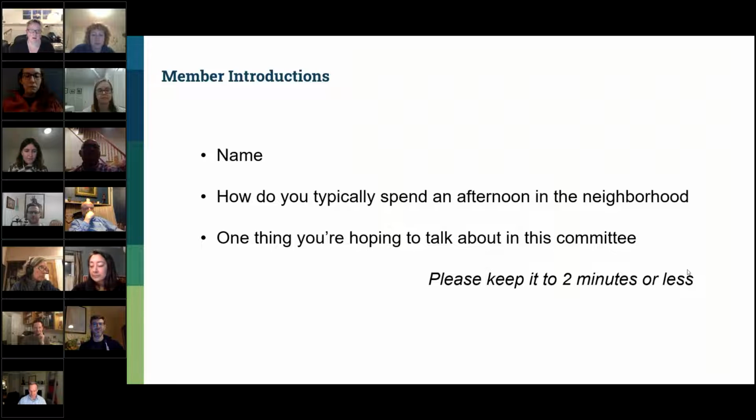My husband and I moved to Somerville about 6.5 years ago, and we have had friends in the neighborhood for decades before that. So we've been coming to Somerville on and off for the last 20 years. So it was a goal for us to live in Somerville and be part of this community. And because I both live and work in the area, I very much wanted to be a part of this community group, and I'm thrilled that I'm here.